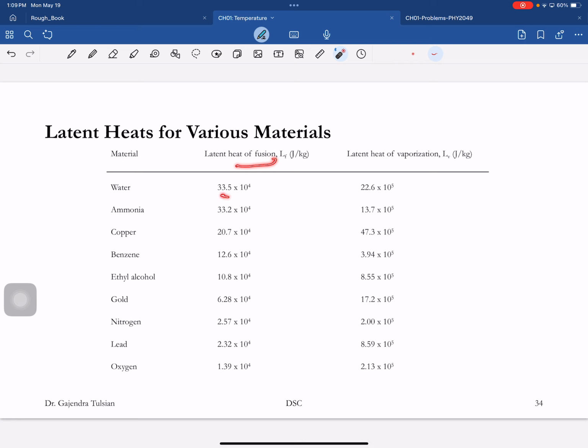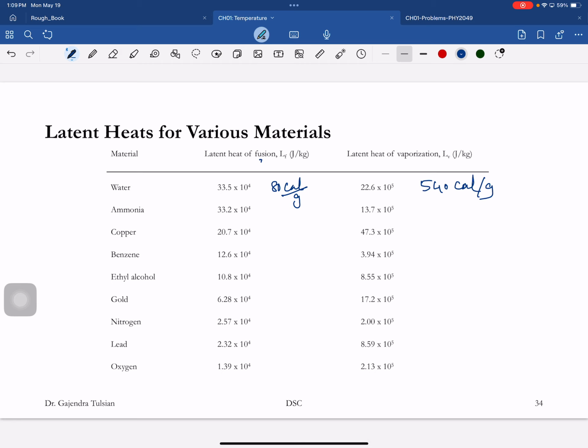Latent heat of fusion for water is that, and latent heat of vaporization for water is that. That's joules per kilogram. These big numbers are hard to remember, but smaller numbers are easier to remember. So here's a number that you can easily remember. Latent heat of vaporization for water is 540 calories per gram.